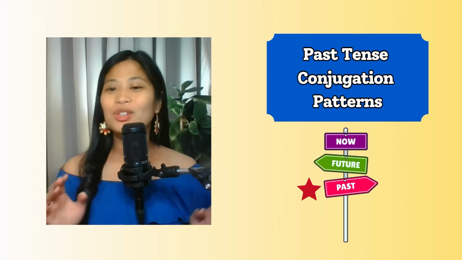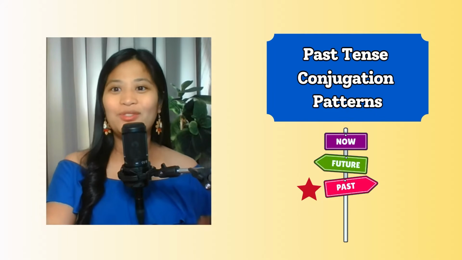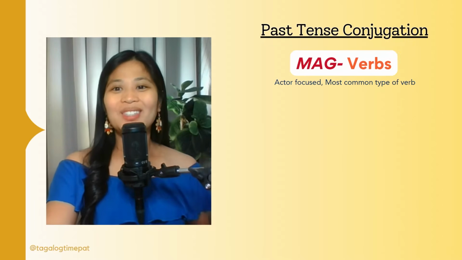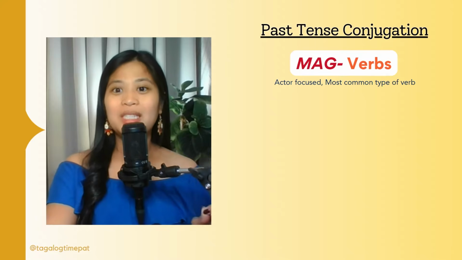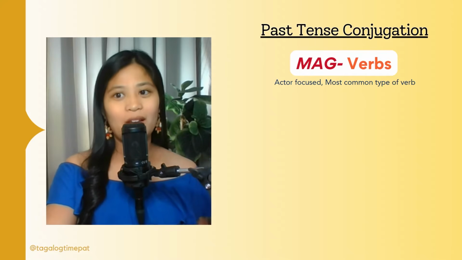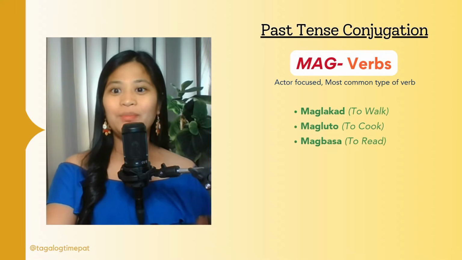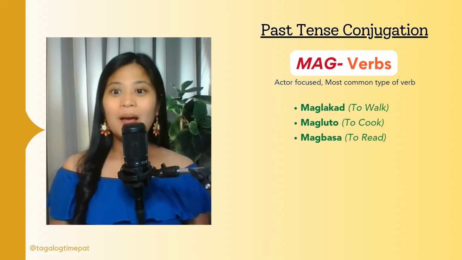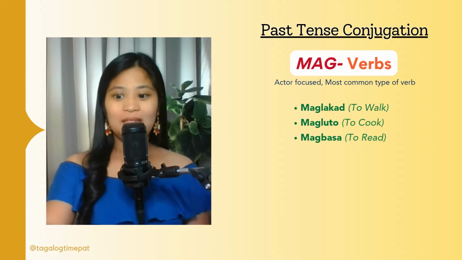Let's jump into the new material now of Lesson 4, the past tense conjugation patterns. So let's start with the mag verbs. These are usually actor-focused, and they are the most common type of verb in Tagalog. Some examples are maglakad, to walk, magluto, to cook, magbasa, to read.